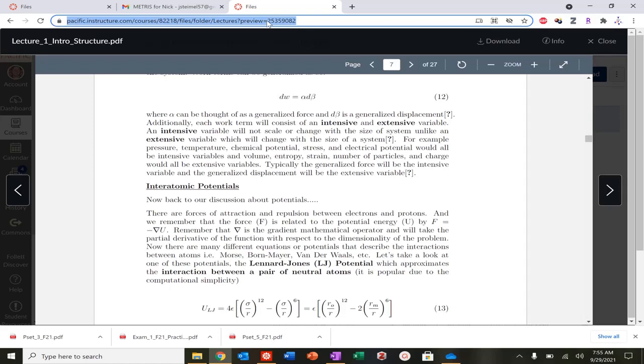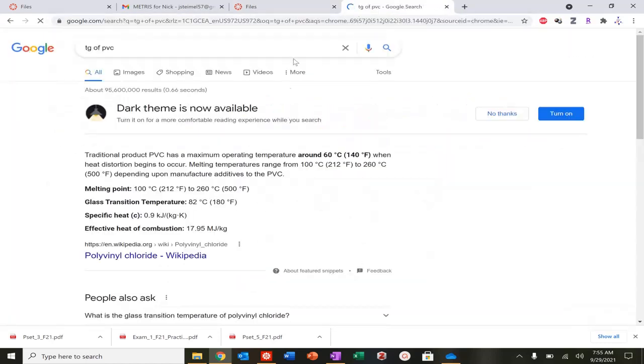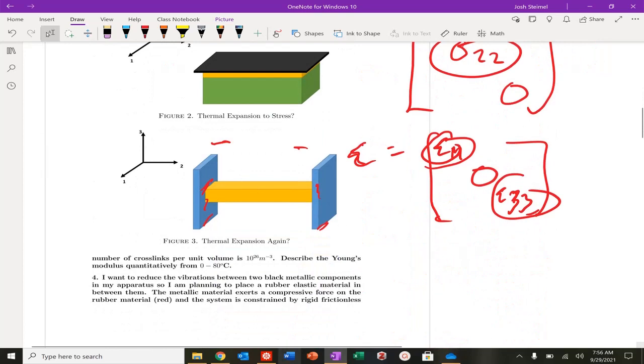I also want to look up PVC. So I need to look at the Tg of PVC, the glass transition temperature. Let's say it's about 82C.